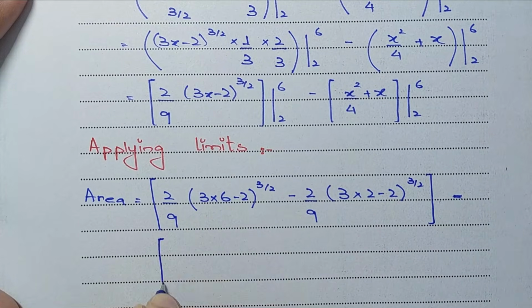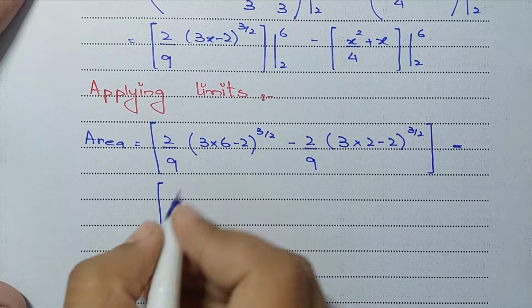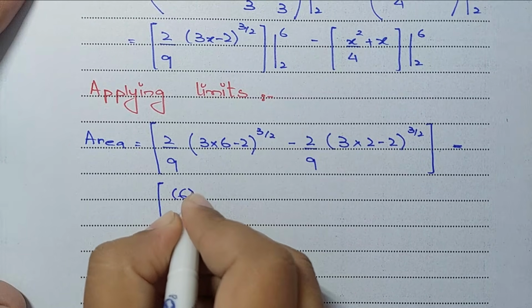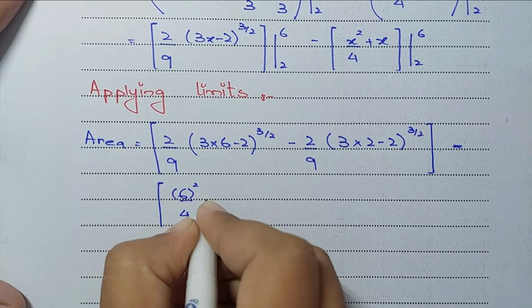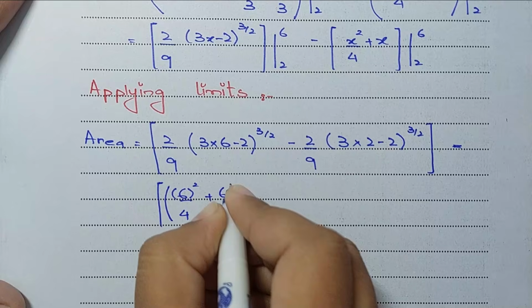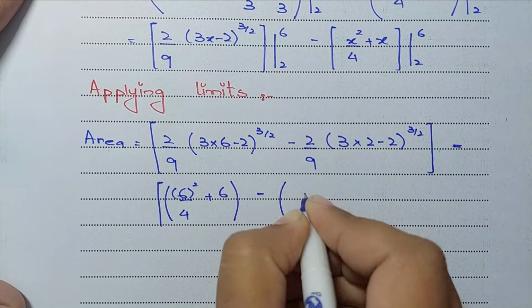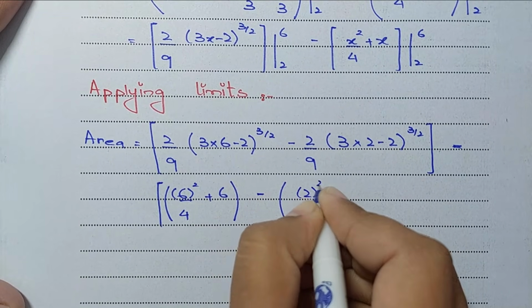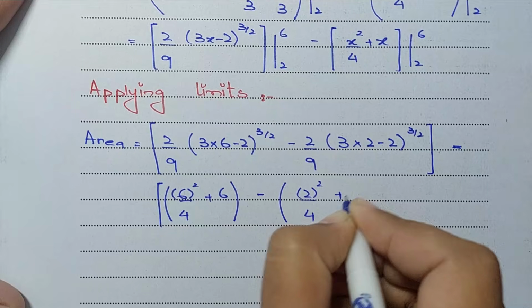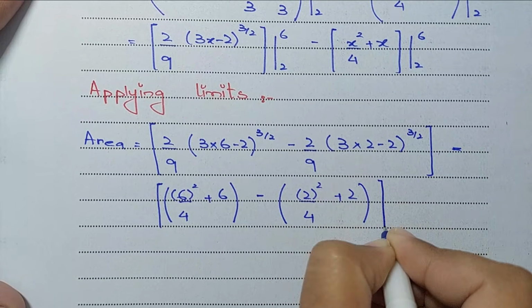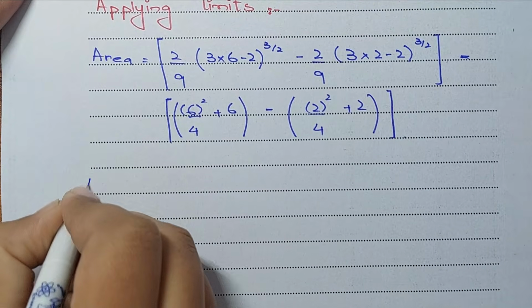Minus this function at the upper and lower limit. The upper limit is 6: 6 square over 4 plus 6. Minus the lower limit 2: 2 square divided by 4 plus 2. Now simplify it further.